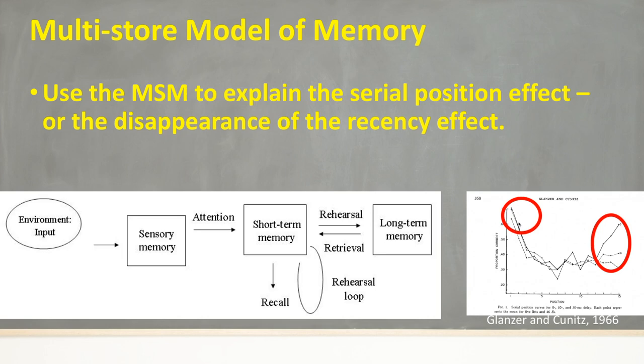That's also why the primacy effect doesn't disappear, because as these other words are being read out during this time, the participant has the time to rehearse. So even with the delayed recall, the earlier words they're rehearsing as the words are being read out, and so that information is being transferred to the long-term memory. So the first words are stored in the long-term memory regardless of which condition.